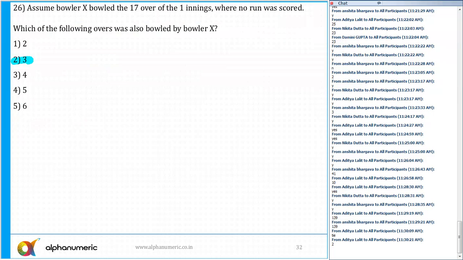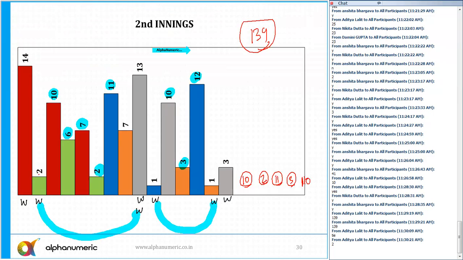Okay, just see if there is any calculation error or not. There is no calculation error, pakka.